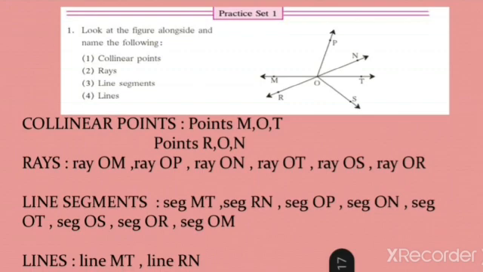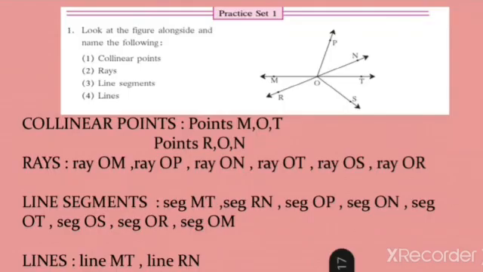Second, rays. I have explained you what are rays. A ray has a point at one end and an arrow at the other. So what are rays? Rays have a point at one end and an arrow at the other end, and we name the ray from the origin. So in the figure, we have the ray OM, ray OP, ray ON, ray OT, ray OS and ray OR.